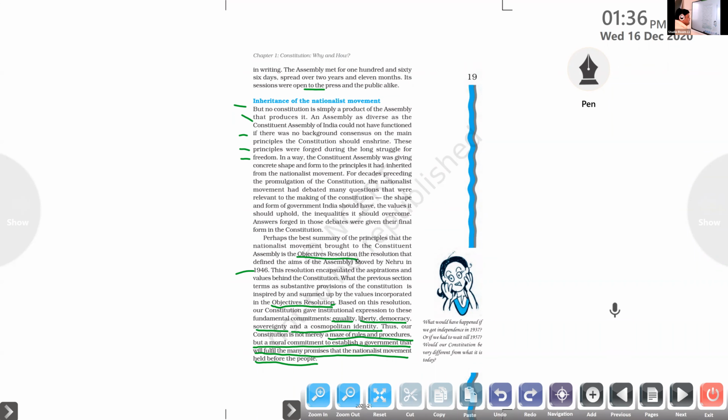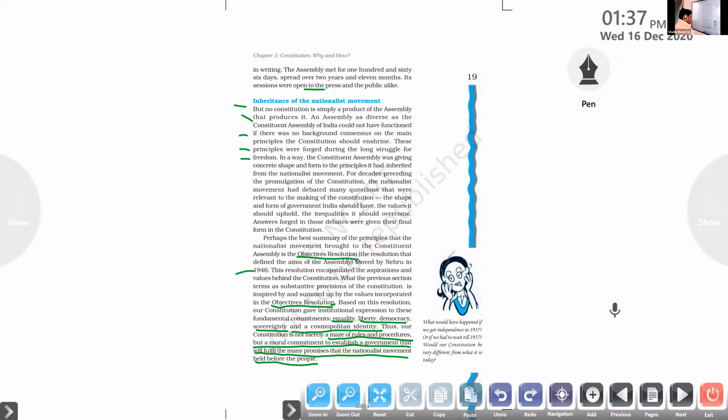So it is the responsibility of the government after independence to guarantee or provide such things to the people. What are those things? Basically, equality, liberty, democracy, sovereignty, and citizenship. These things should be guaranteed and provided to the people.